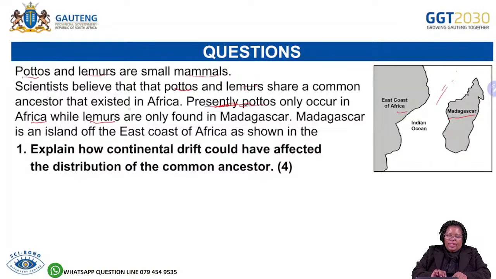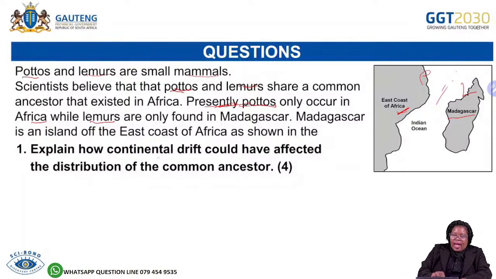Now, initially, we are saying portals and lemurs seem to share a common ancestor, and that existed in Africa. And then presently, portals only occur in Africa, so we'll find portals here, and lemurs are only found in Madagascar. So Madagascar is an island off the east coast of Africa, as shown in this diagram.